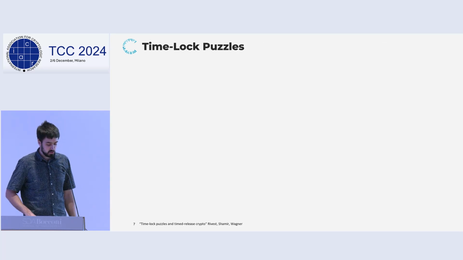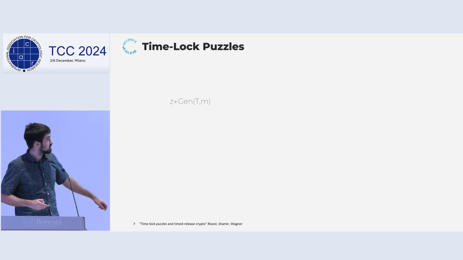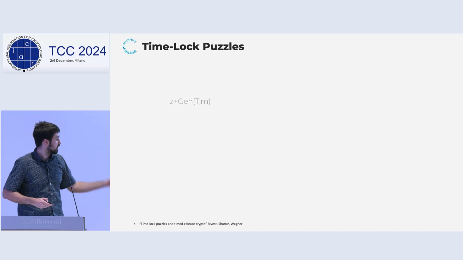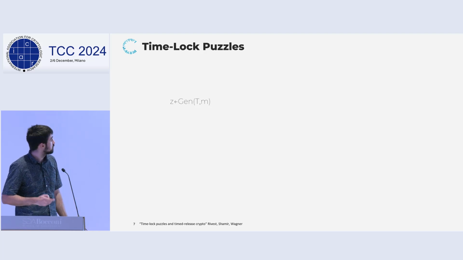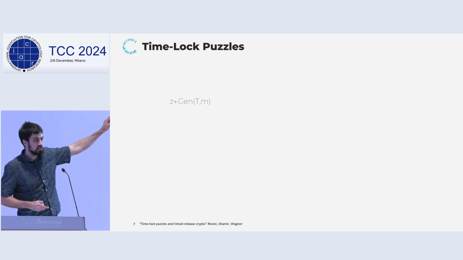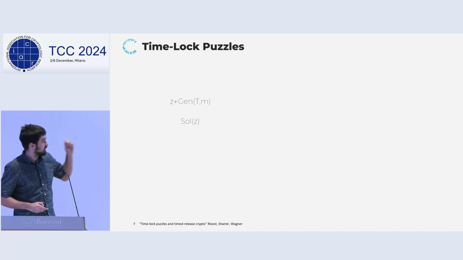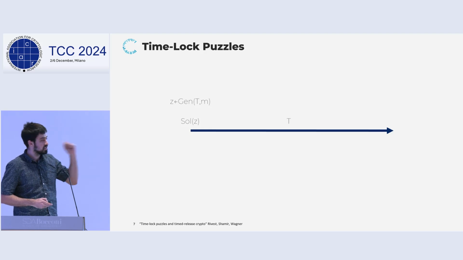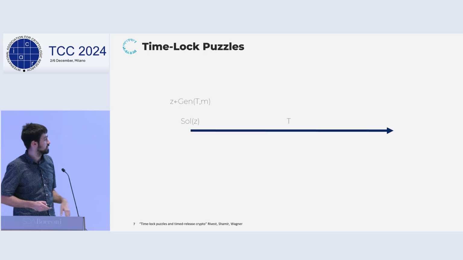Okay, now to our other applications, which also starts with time. This is a work from Rivest, Shamir, and Wagner. It's about time lock puzzles. So here, it kind of looks like encryption. You generate a puzzle Z with a time parameter T. And now you give this puzzle to a solver, and the solver needs T time to open this puzzle and doesn't require any secret key or anything.